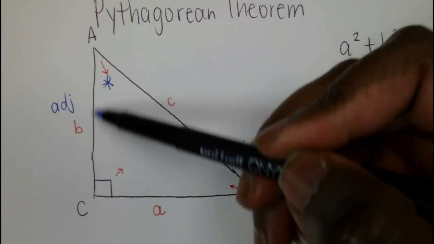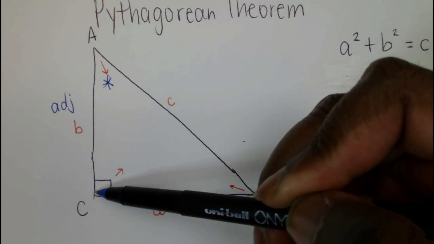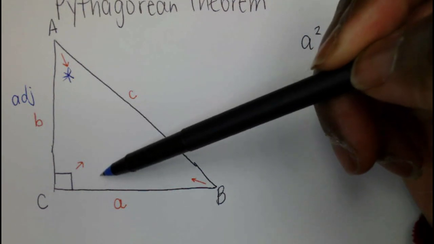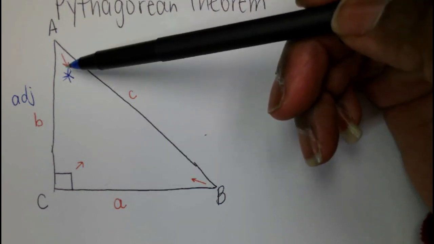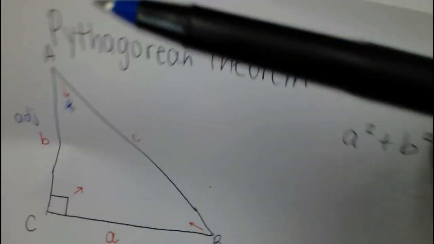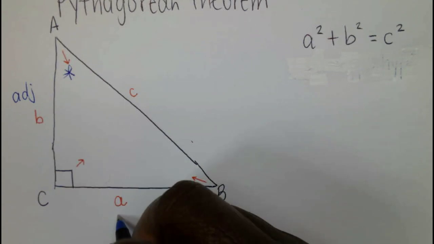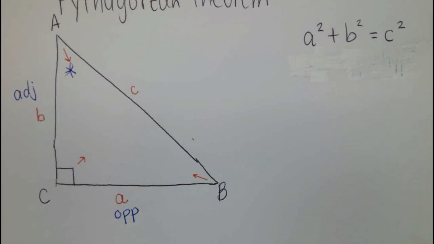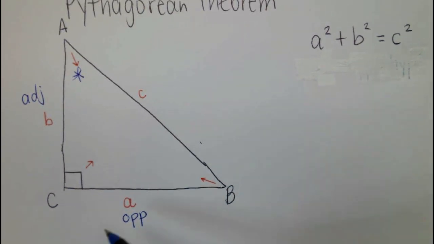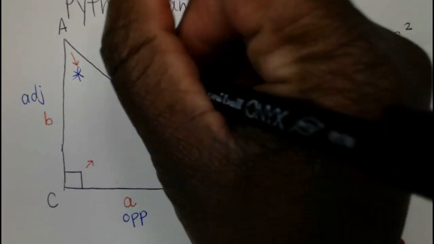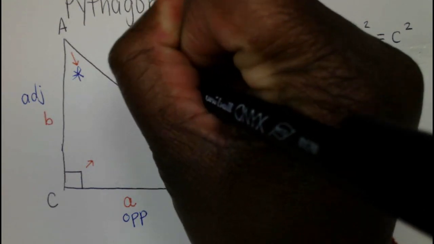It's the side that touches the angle. Opposite is the side that is opposite of my angle. So opposite of angle A would be this side. Our hypotenuse is always a slant and it's always across from our right angle.